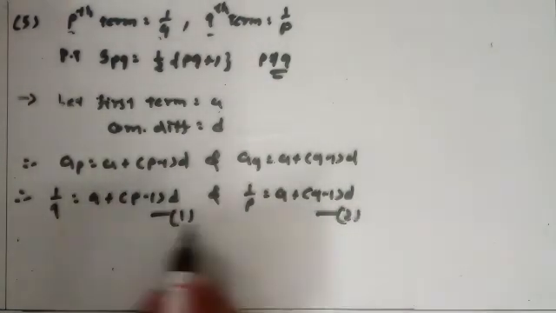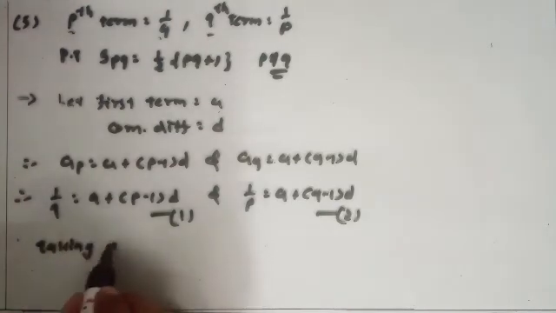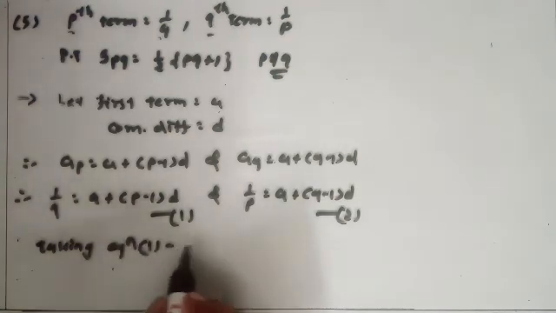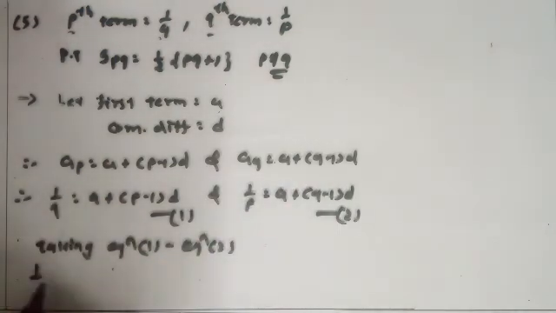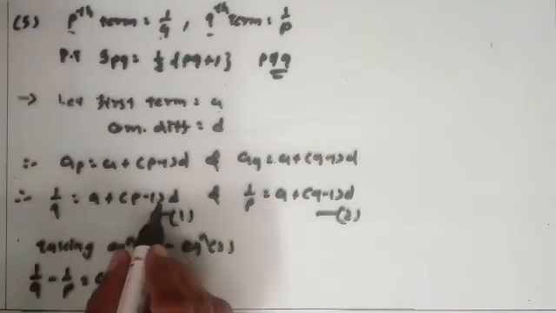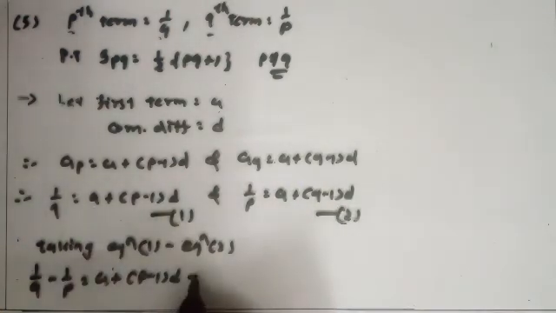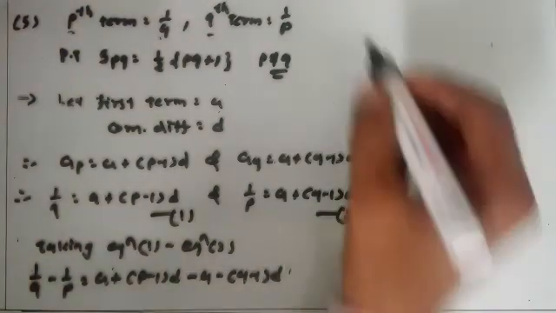Now take this result number 1, this result number 2. Now subtract second from first, that is taking equation 1 minus equation 2. Here 1 upon Q minus 1 upon P is equal to A plus P minus 1 into D, from this subtract the right side, minus A plus Q minus 1 into D, is equal to 1 upon Q minus 1 upon P, already given. Now simplify this.